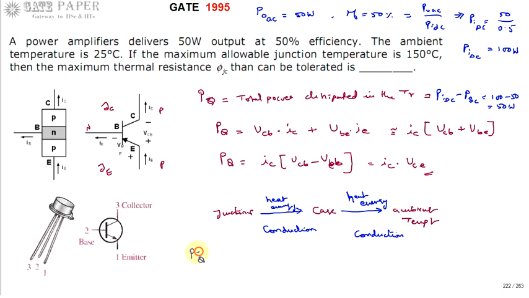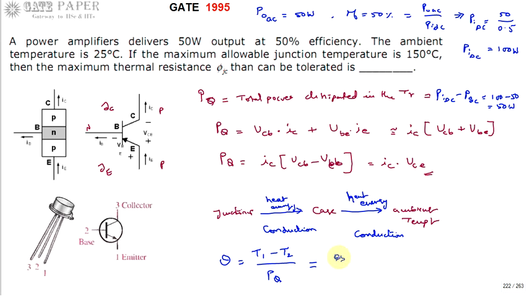Now we calculate the thermal resistance, because we know how much power is dissipated by the transistor. Thermal resistance theta is equal to (T1 - T2) divided by PQ.